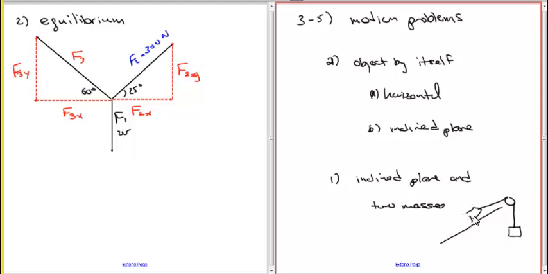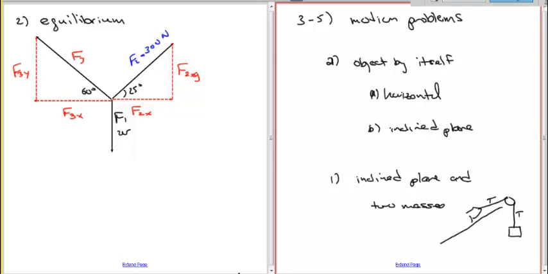So you do the free body diagram of each one of these separately. The thing that connects them is that the tension in these 2 cables is the same value. And also the accelerations are related. The values are the same. Depending upon how you define your coordinate system, they may be the same sign or different signs. You have to decide. Okay.